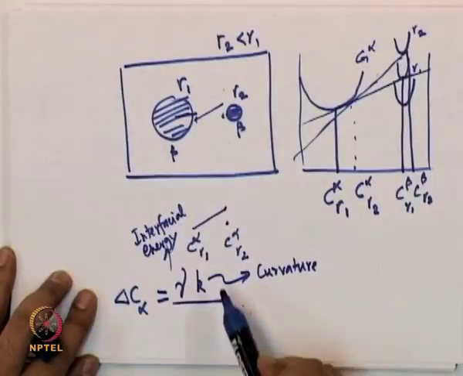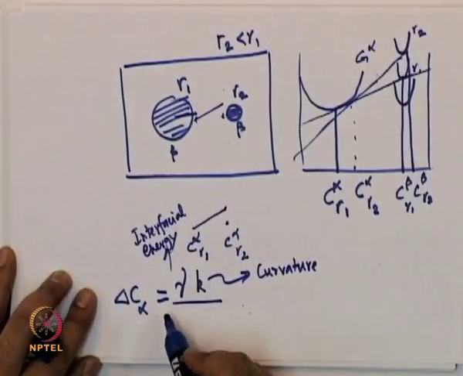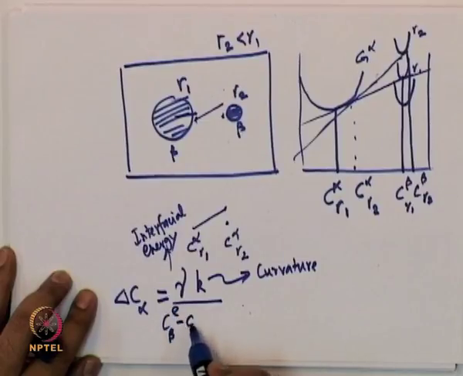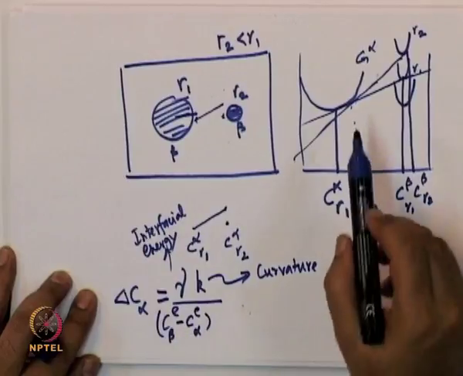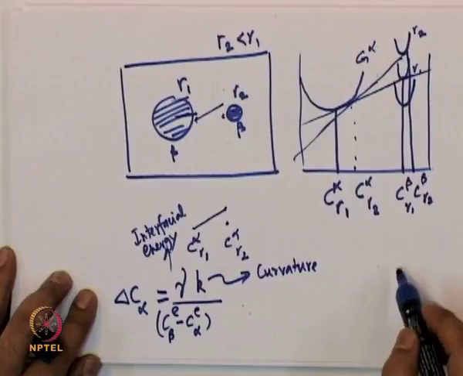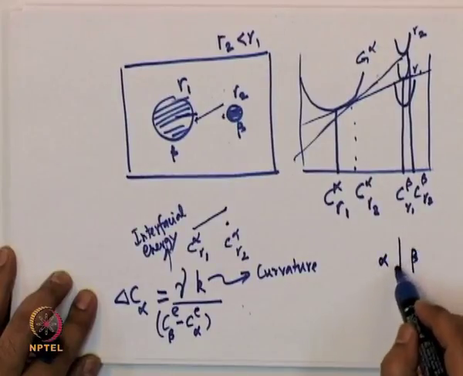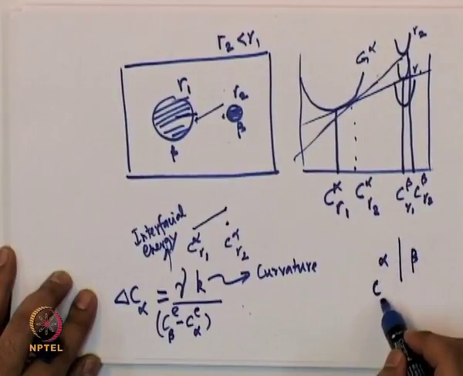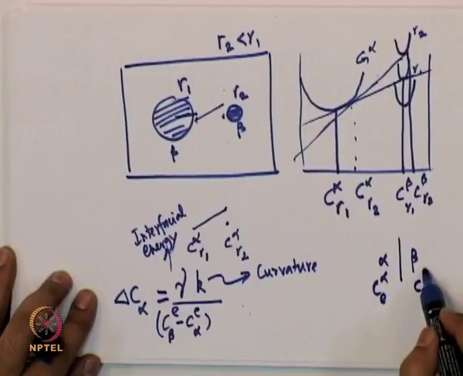Okay. In 2D it is nothing but 1 by r, and then C beta equilibrium minus C alpha equilibrium. So, that is when the interface is planar between alpha and beta, what is the composition of alpha and what is the composition of beta.